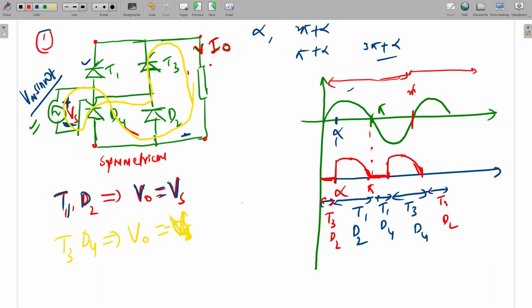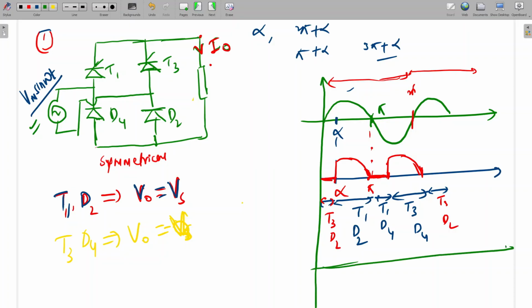Okay. So now based on this, we can draw all the switch currents and source current. I'm going to draw IT1 and ID4. IT1 we can draw. T1 is conducting from alpha to pi plus alpha. And D4, where will it conduct?